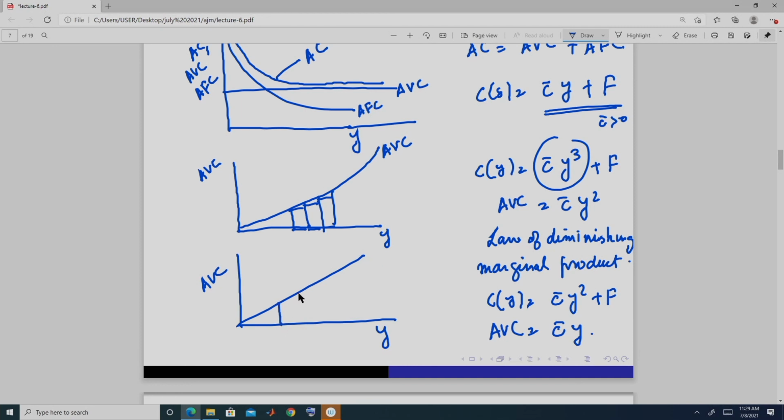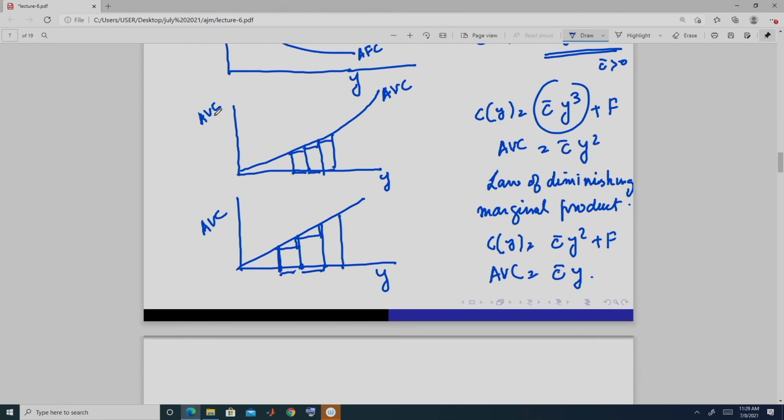Here also you will see that as we go on increasing the output, the average variable cost per unit is higher here, and higher than this, and higher than this. So, actually what is happening is, because the marginal products are decreasing, we are employing more and more input. So, that is why the cost is increasing.